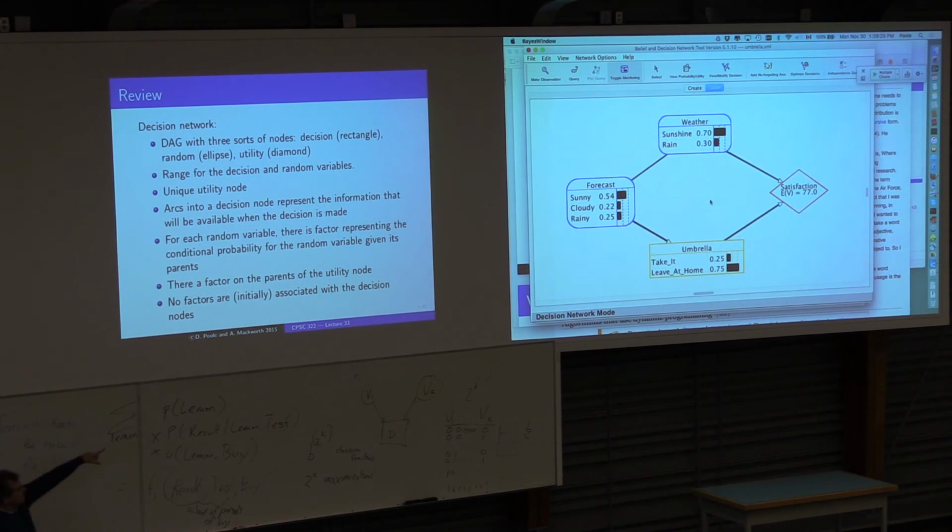It means we're going to know the future weather when we take the umbrella. So this network had value 77 when I optimized it.